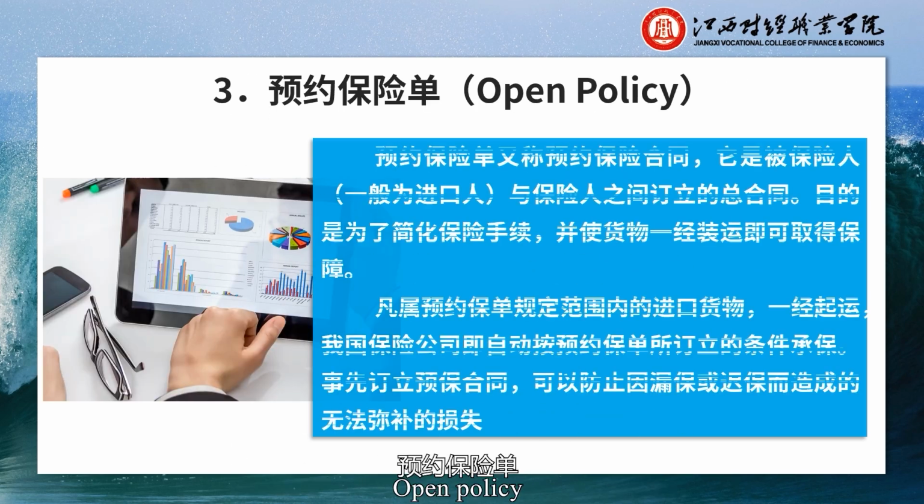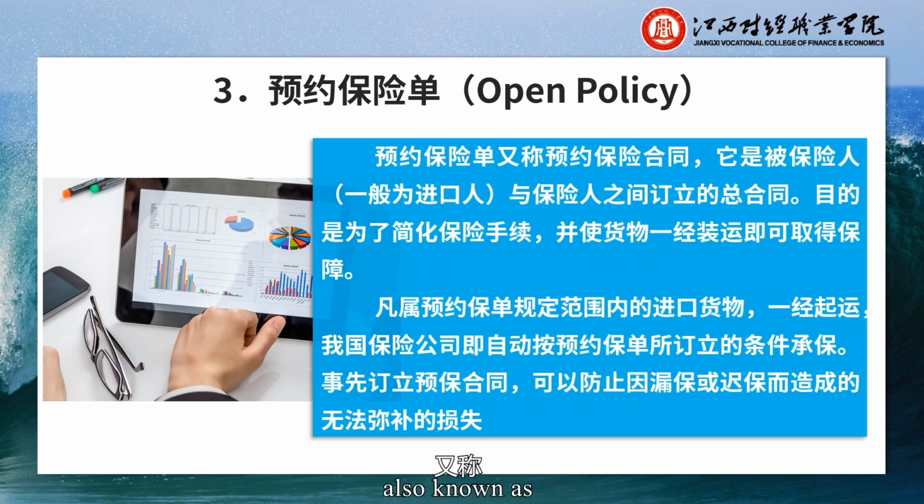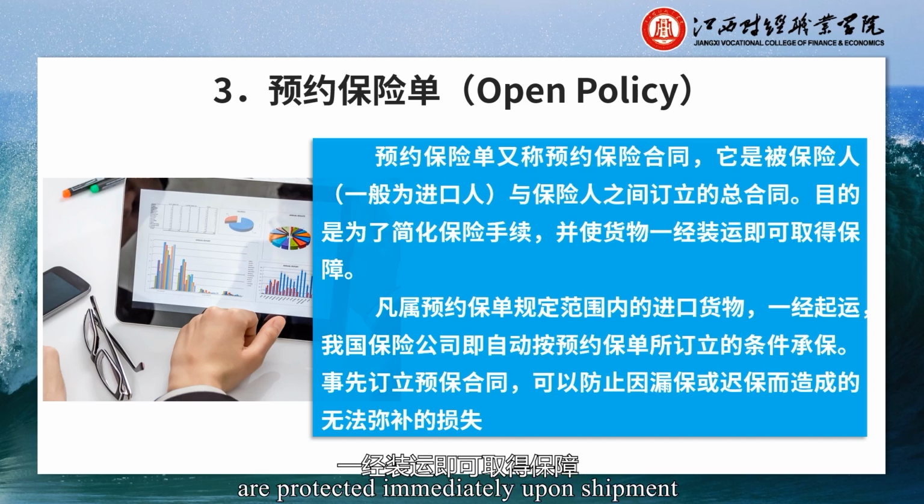A prearranged insurance policy, also known as a prearranged insurance contract, is a general contract usually between the importer, the insured, and the insurer. The purpose is to simplify insurance procedures and ensure that the goods are protected immediately upon shipment.